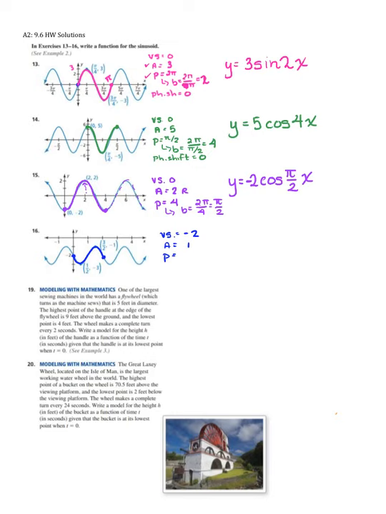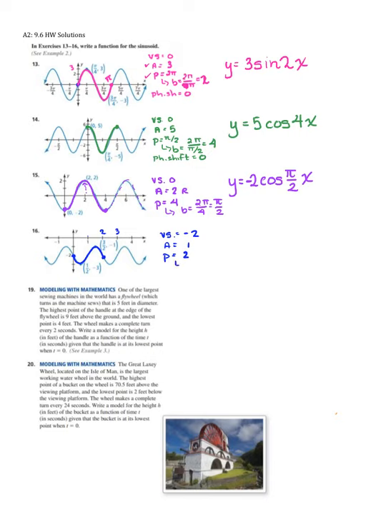And my period, how long does it take me to end? I'm trying to figure out what some of these points are supposed to reference to. So this is 1, this is 2, this is 3. So it took me a distance of 2 to complete one cycle.